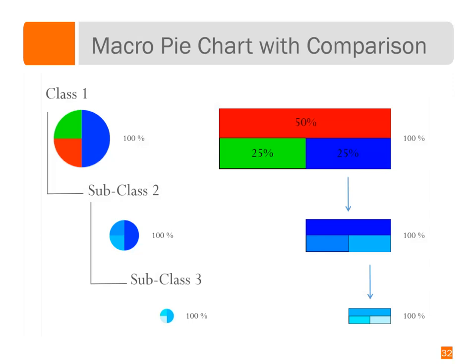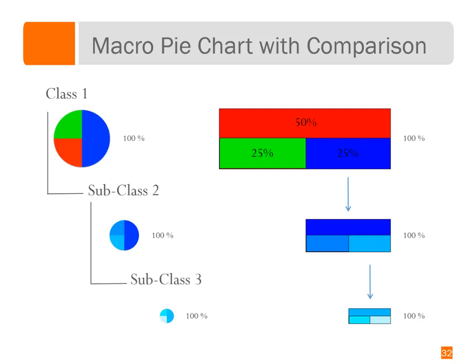So here's an example, a comparison with a pie chart. I like to describe the tree map as a great big multi-leveled drill-down pie chart. If we look on the left, we might have class 1. It's 100%. It has blue, red, and green.